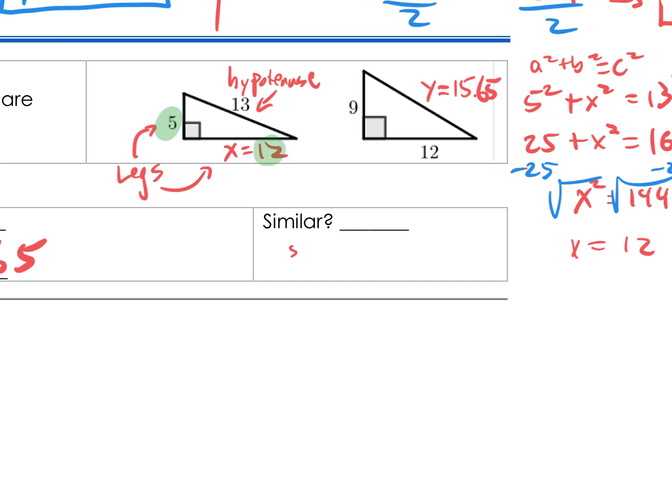So we have 5 over 12, that's like the small leg over the long leg. If we take the small leg here over the long leg here, we get 9 over 12. Are those 2 things equal to each other? Is 5/12 the same as 9/12? No. So they're not in the same proportion. So no, these are not similar because the sides are not proportional.